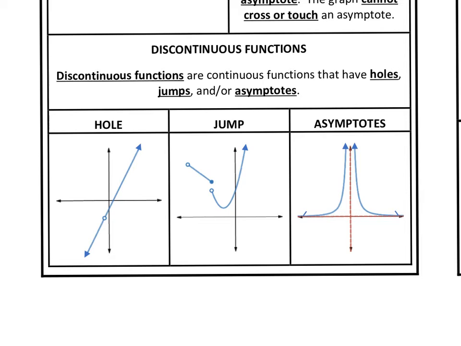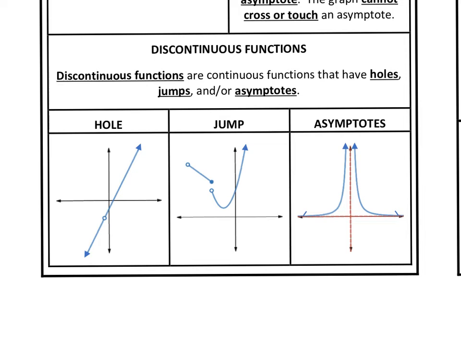Again, these are boundaries that keep the graph from going past them. If I'm following the blue curve, notice that it doesn't touch the red boundary. But it is discontinuous because these 2 pieces are separated by an asymptote.